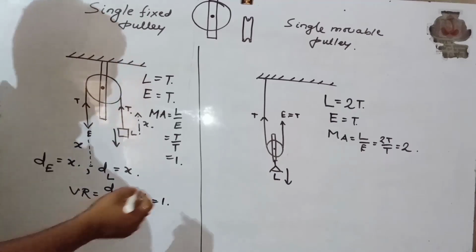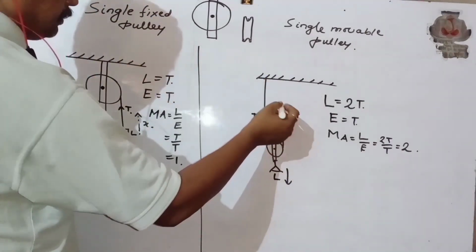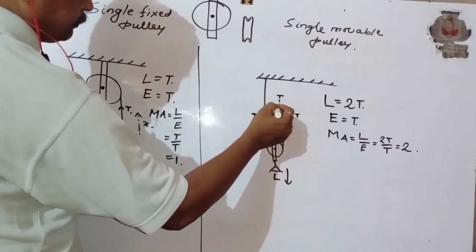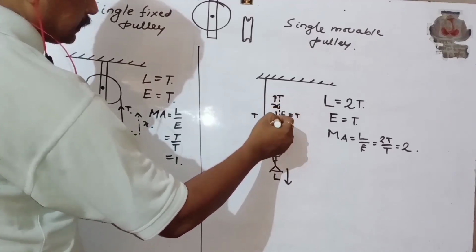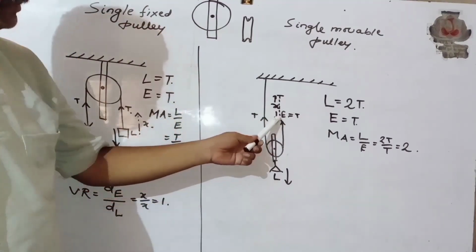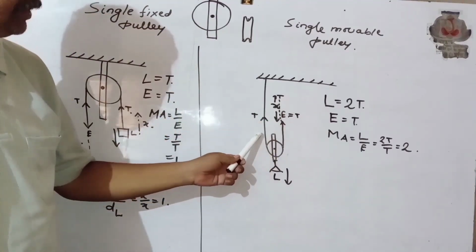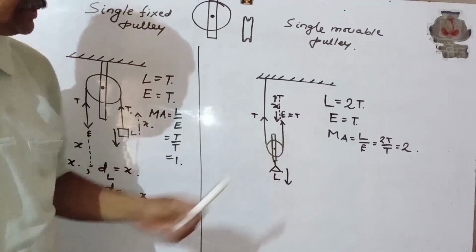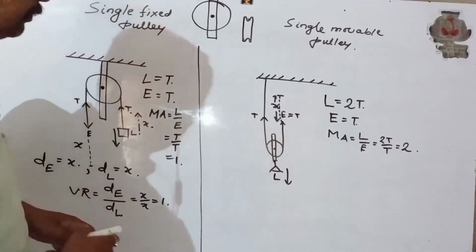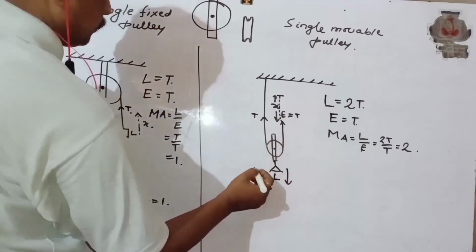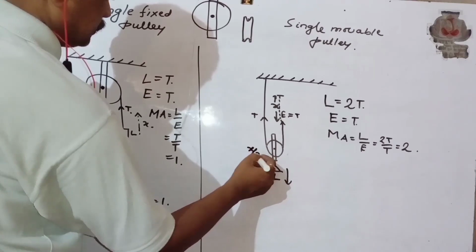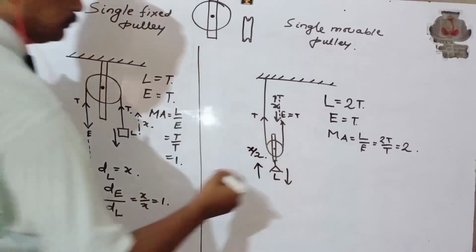Let us consider the single movable pulley. If the effort point is pulled up through a distance x, then this length of rope is supplied by both the segments of the string. So both segments of the string will be shortened by a distance equal to x by 2. That's why the load will rise through a distance x by 2.